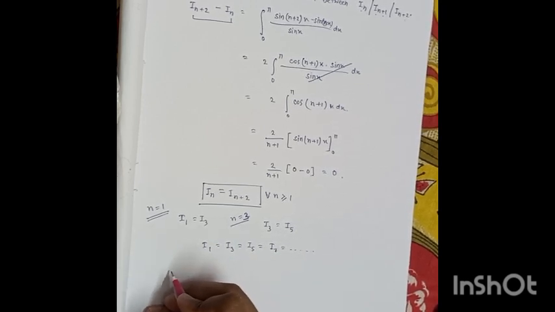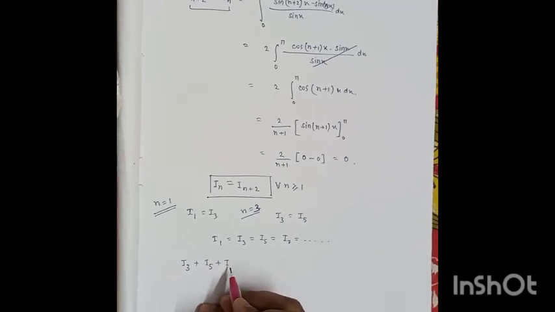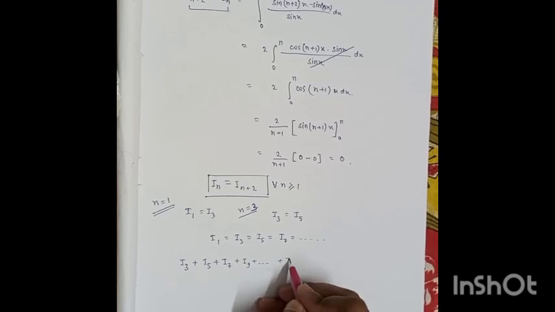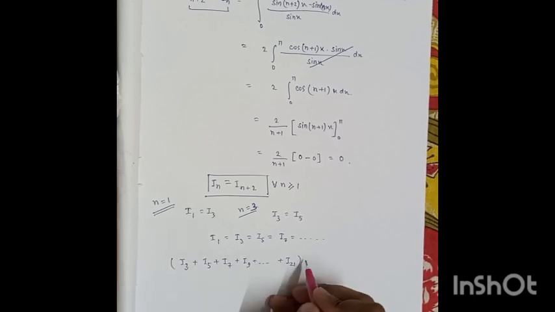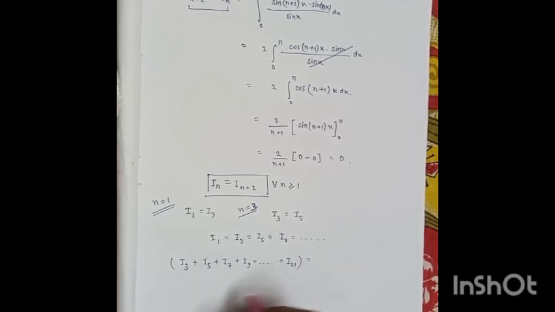So our given summation, that is I3 plus I5 plus I7 plus I9 plus so on up to 21, becomes simply, how many terms are there?